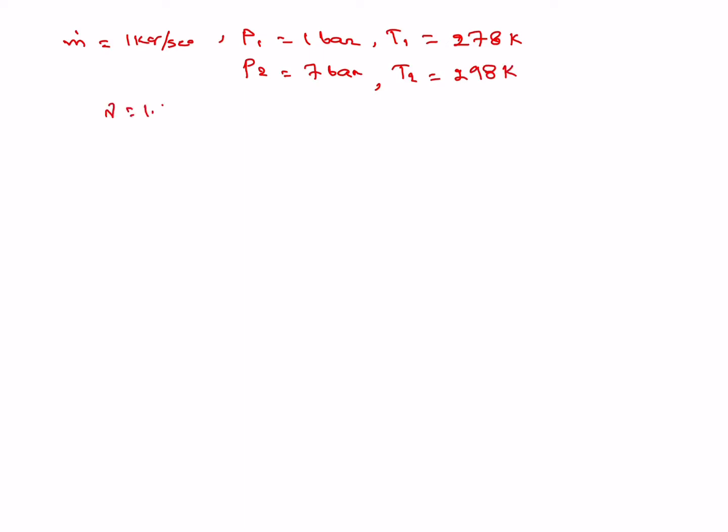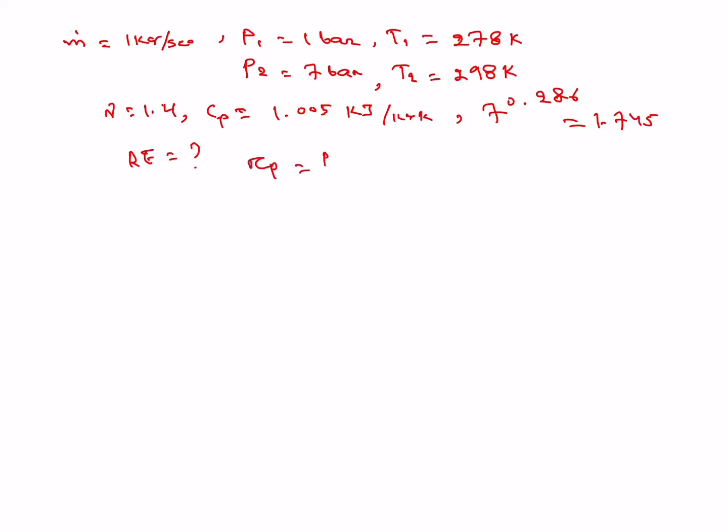Gamma value given 1.4, Cp value given. 7 to the power 0.286 equal to 1.745 given. RE value we have to calculate, the refrigerating effect. Pressure ratio Rp, P2 by P1, equal to 7.